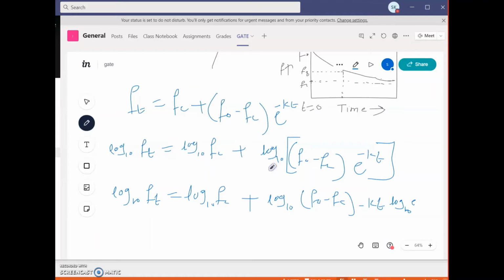What we can do is take this log to the base 10 Fc towards the left side, and finally we'll get log to the base 10 of Ft minus Fc is equal to the same log to the base 10 of F naught minus Fc, minus kt log to the base 10 e.